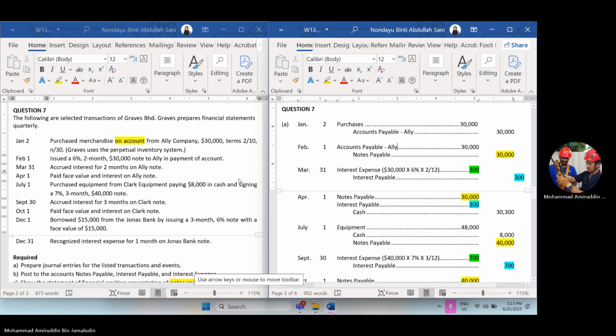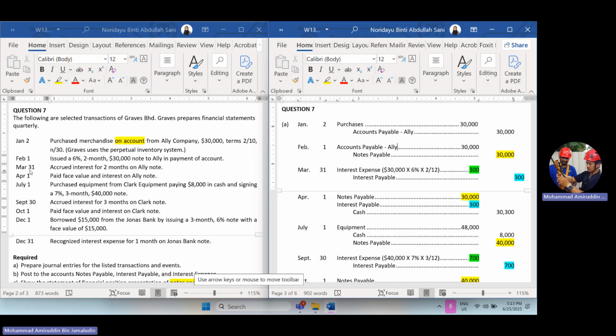That's it. 31st March, accrued interest for 2 months on Ali notes. What's the logic? You issued these notes payable to Ali on 1st February. End of March, you want to prepare the adjusting entries. So 1st February to end of March, 2 months.